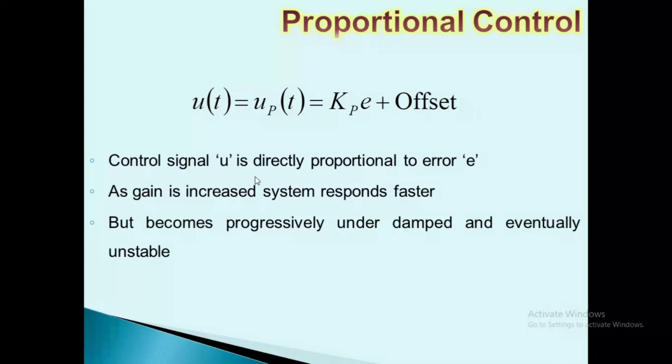That is your control action. As gain is increased in this system, the system responds faster, but becomes progressively underdamped and eventually unstable. This can be shown with the help of graphs.